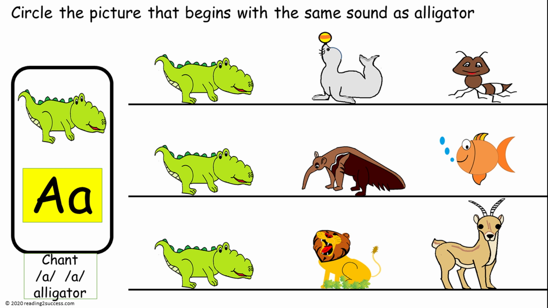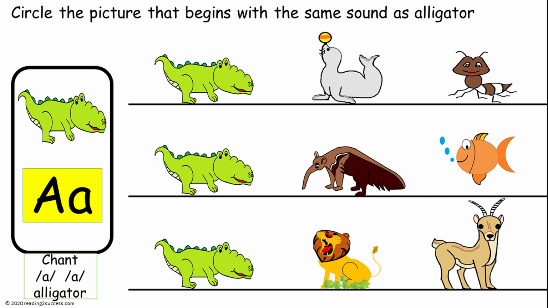The next row has an anteater and a fish. Which one starts like alligator? Anteater or fish? And hopefully they circle the anteater.